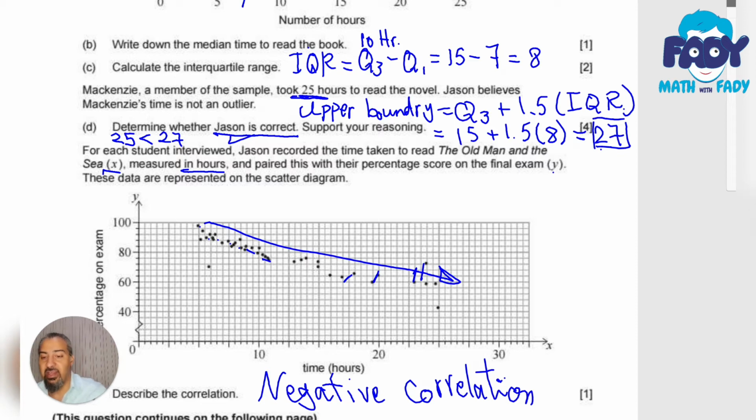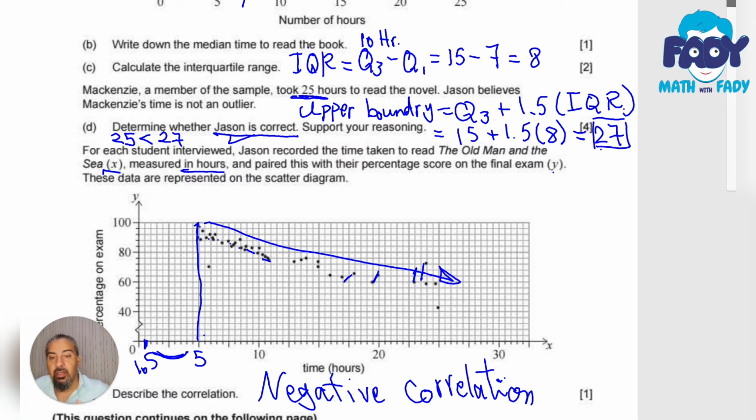Here in the scatter diagram, we can see that the least number is approximately 5 hours. And we are using 1.5. We are calculating for 1.5, which is a little bit far from the minimum value that we have.